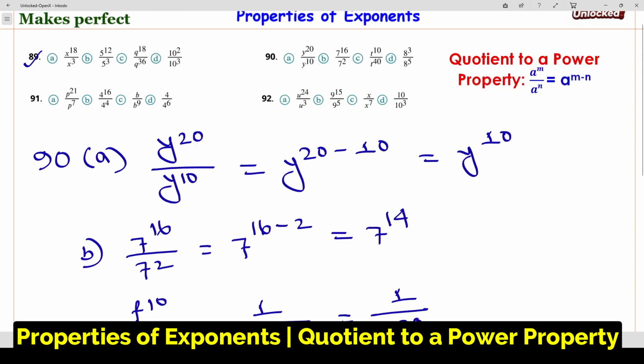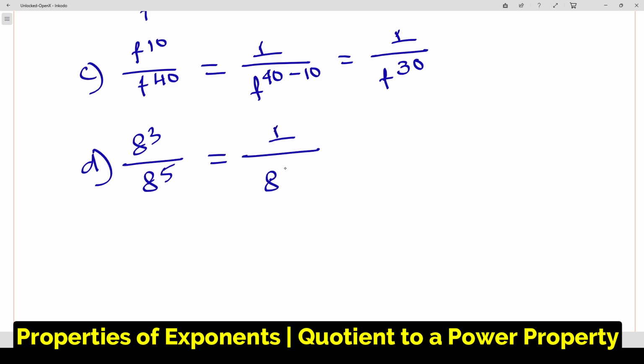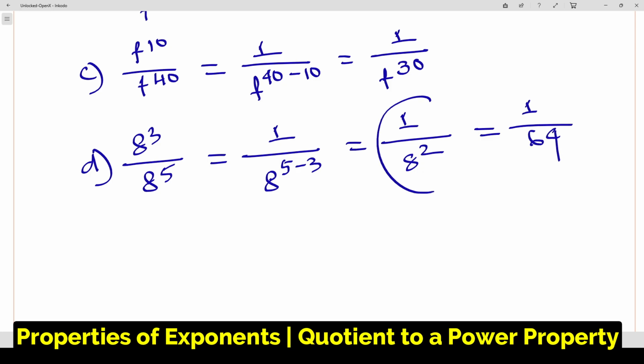And finally D: 8 to the power 3 divided by 8 to the power 5. So here is 1 over 8 to the power 5 minus 3, which means 8 squared. If you want, you can write 64. So this is okay, right?